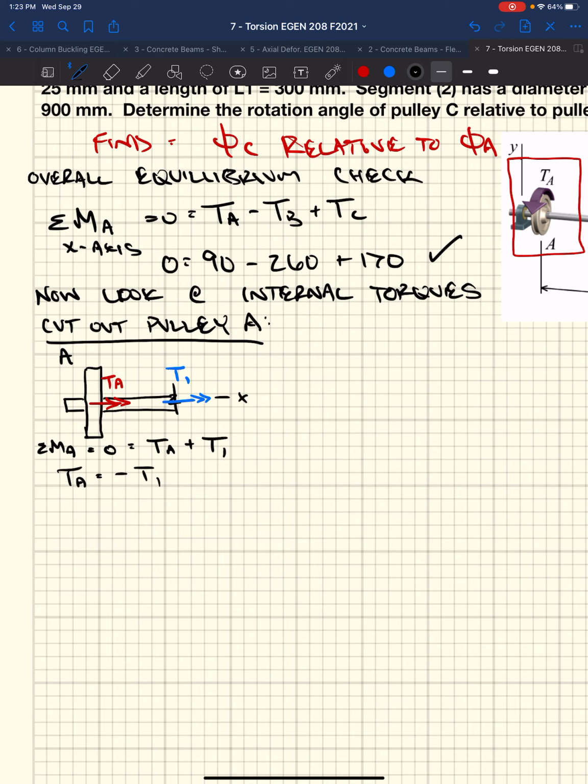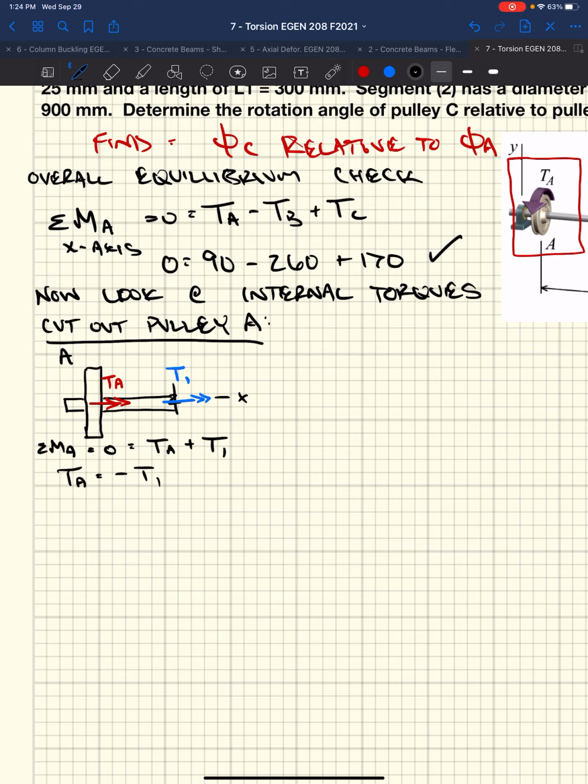What does that mean? That means that the arrow I showed is opposite, which makes sense. We have to have equilibrium, so we're going to have equal and opposite torques. If we've got torque running in one direction, the internal torque in the shaft has to be running in the other direction to maintain that equilibrium. So TA equals minus T1.